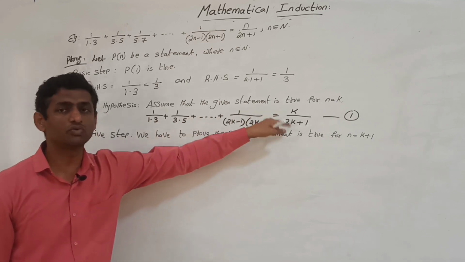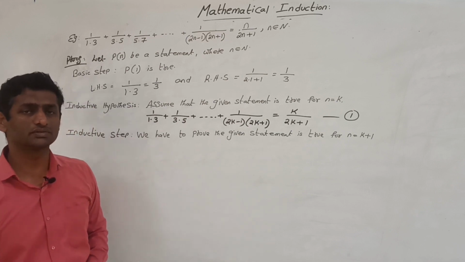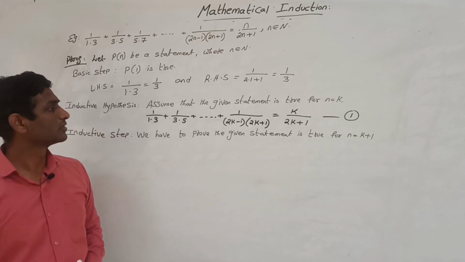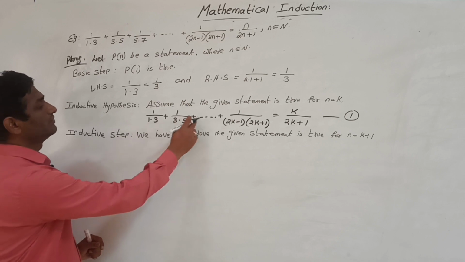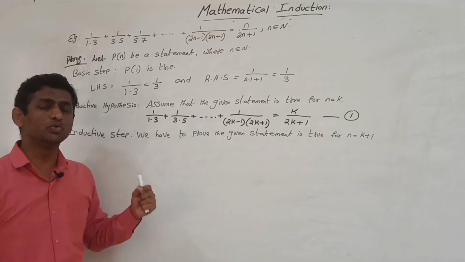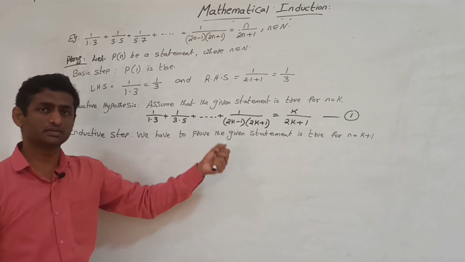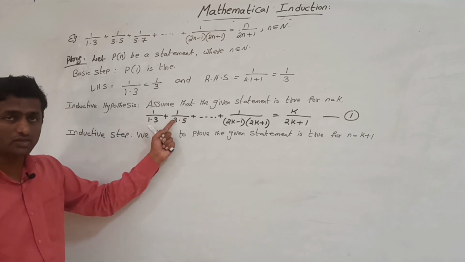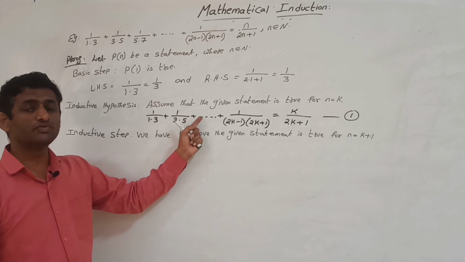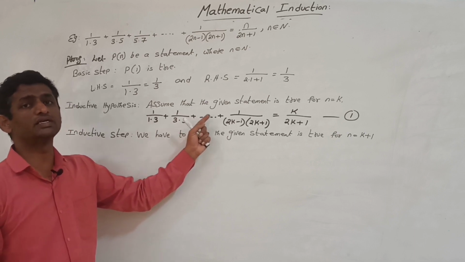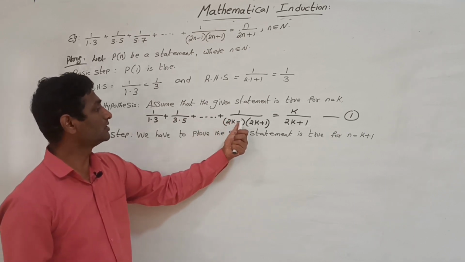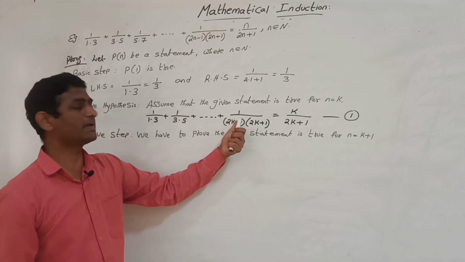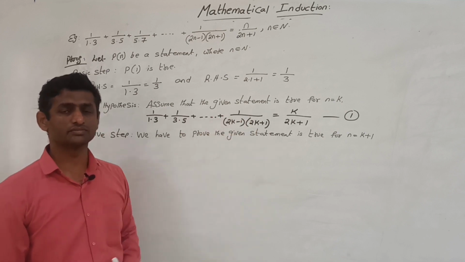What will be the next number? If you add 2 to the previous one, you will get the next term. If you add 2 to 1, you will get 3. Again, if you add 2 to 3, you will get 5. If you add 2 to 5, you will get 7. Similarly, if you add 2 to 2k minus 1, you will get the next number.